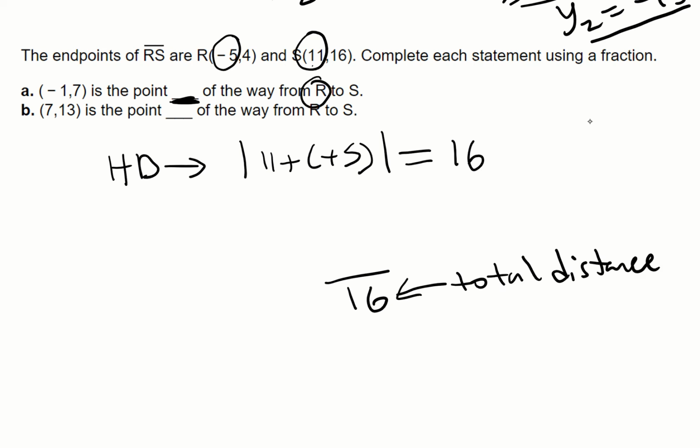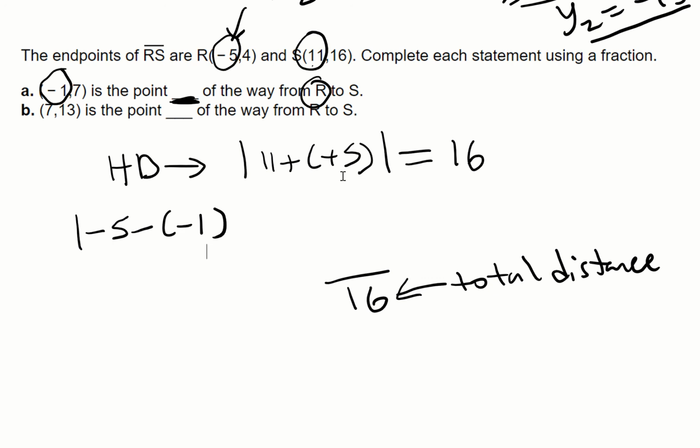And now we're going from R to S. So we want to figure out what the numerator is going to be, related to R. So how far is it from the x coordinate of R, which is the -5, to the x coordinate that we're interested in? So in order to do that, we need to actually subtract, right? So we've got to go -5 minus -1.